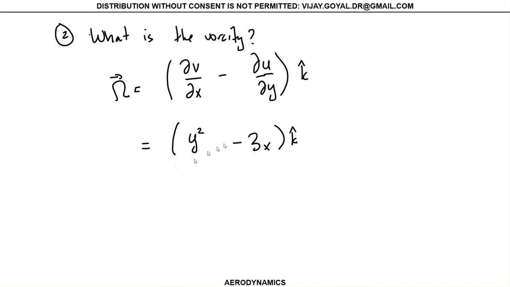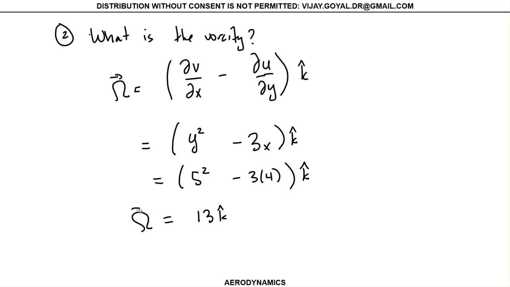And now if I replace my coordinates, this was at the location, so this is 5 squared minus 3 times 4, k, and that will give you 13k. Okay, this is your vorticity.